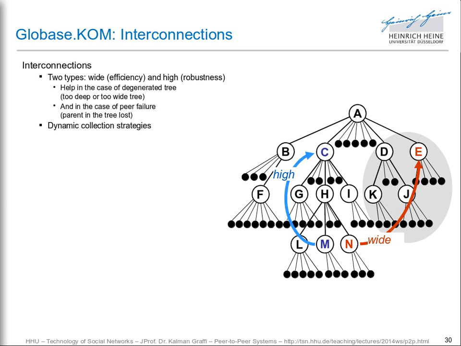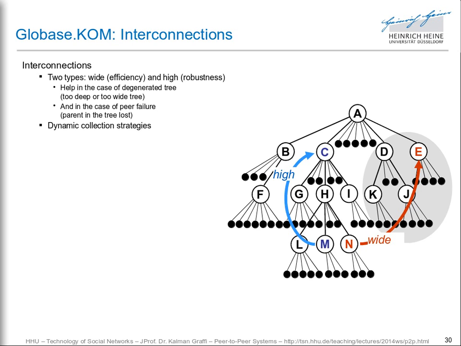The first one is the high interconnection. This is for increasing the robustness, so we want to know about the grandparent. So if our parent leaves the tree, we have a contact to the grandparent.